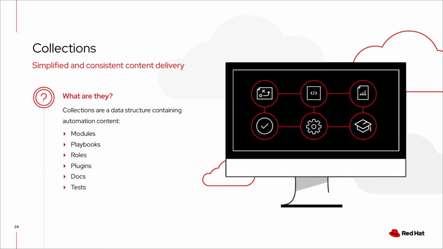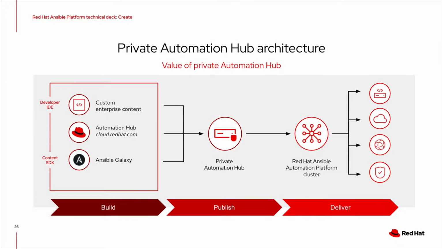And these are collections that are often provided by Red Hat in tandem with certain partners. And so if you're trying to automate your F5 routers, F5 and Red Hat have certified content for those exact use cases.